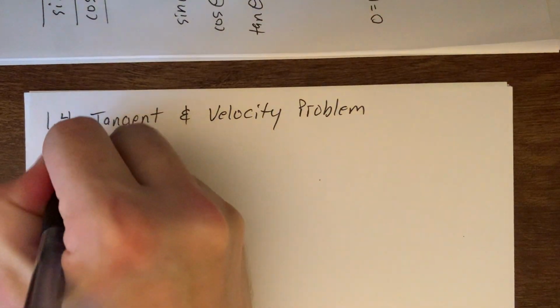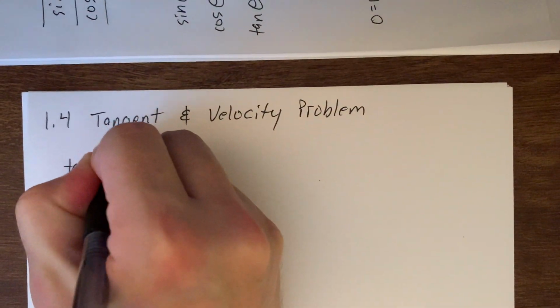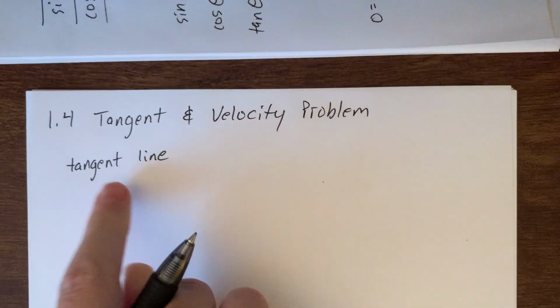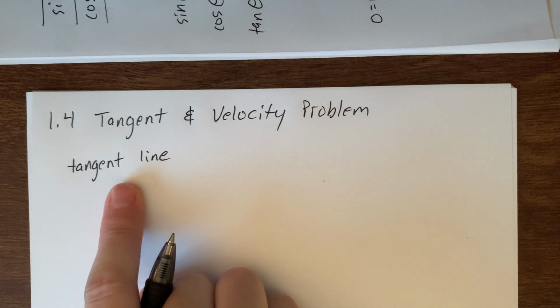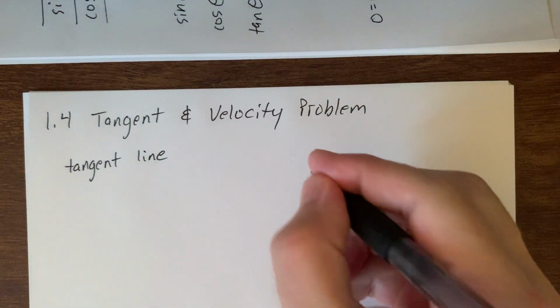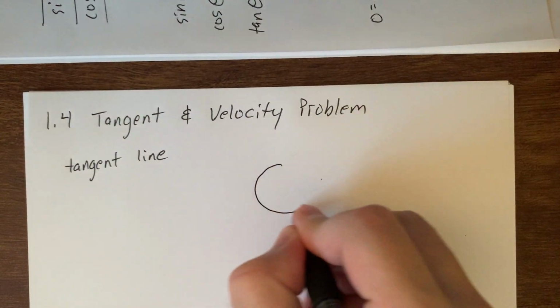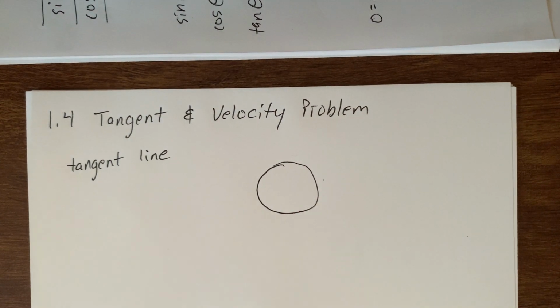So the first thing we have to discuss is this concept of a tangent line. The idea of a tangent line comes from the idea of circles. So here's my very rough, poor circle.